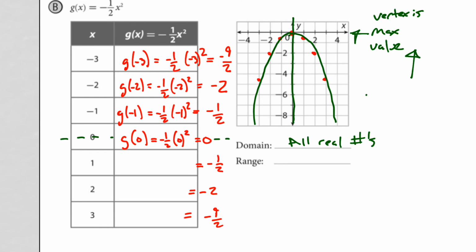So the range is going to be from negative infinity up until 0. Another way to write that is y is less than or equal to 0.